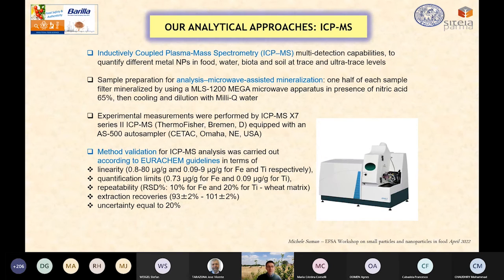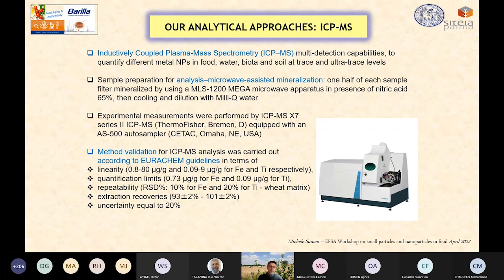The first one, ICP-MS, inductively coupled plasma mass spectrometry, was executed after having mineralized part of the filter by microwave treatment. The method was then validated in terms of main parameters, linearity, quantification limits, etc., according to European guidelines.